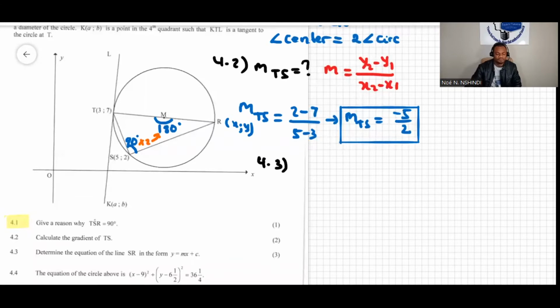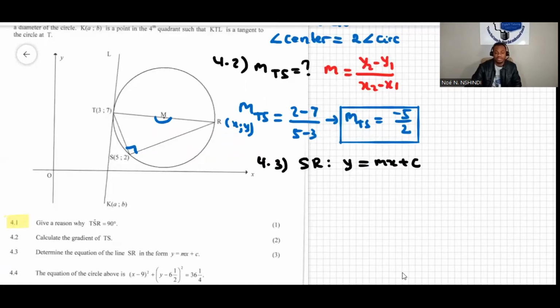We're looking for the equation of the line SR in the form y equals mx plus c. We did say previously that this is a 90 degrees angle because this is 180 degrees. Now that I don't know the coordinates of R, I can use perpendicular lines.